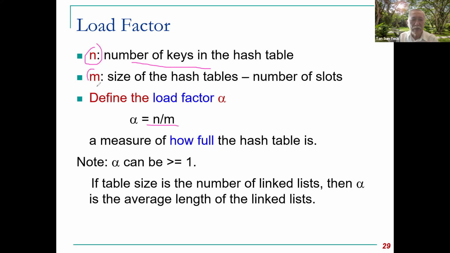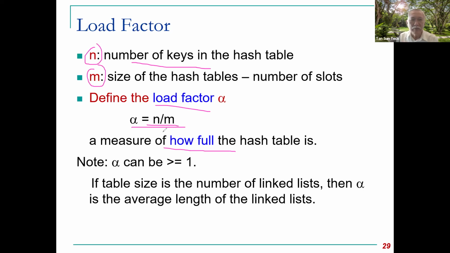So m is the table size, and we define this load factor to be the number of items already inside the hash table over the table size. It is a measure of how full the hash table is at the moment. If you have 999 over 1000, it's almost full. Just add one more item and it becomes a full table.